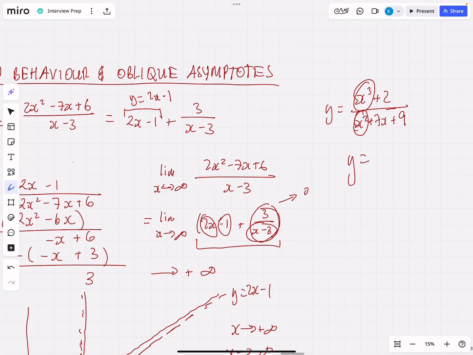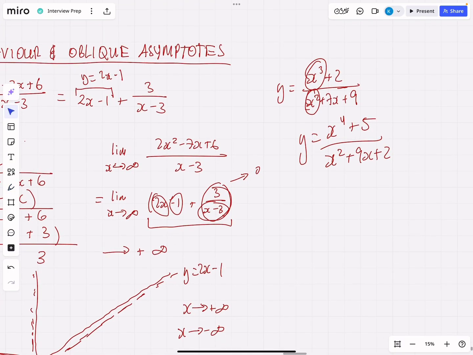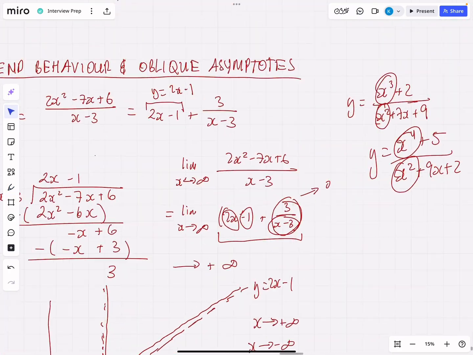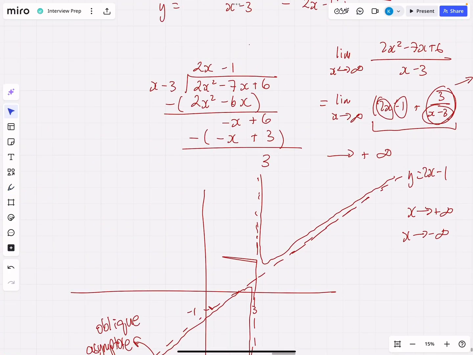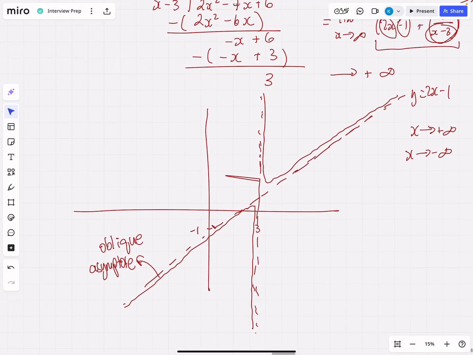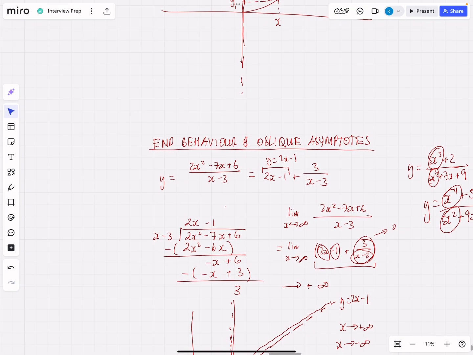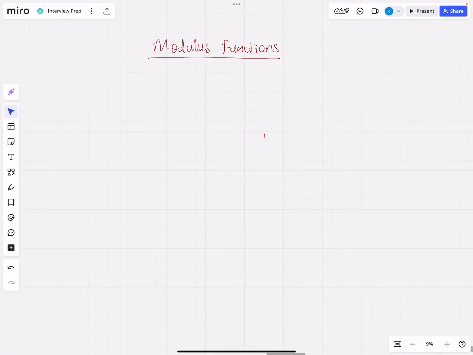If we had a function like y equals x to the 4 plus 5 all over x squared plus 9x plus 2, this would not have an oblique asymptote because the difference in the highest order of our leading terms here is 2, and 2 does not equal 1. So that is the conditions for an oblique asymptote, and that's how we can find oblique asymptotes, by using polynomial long division.